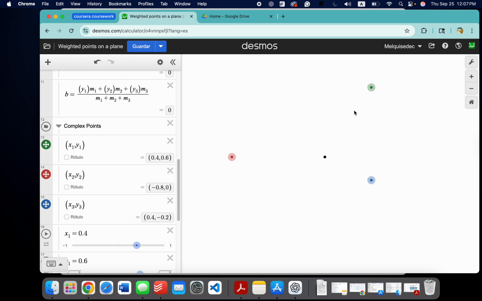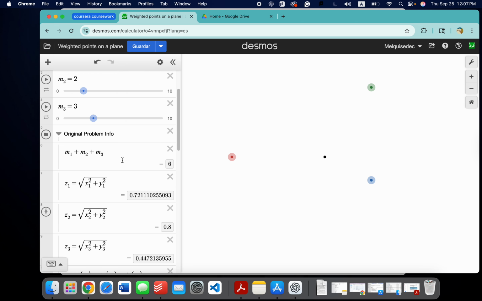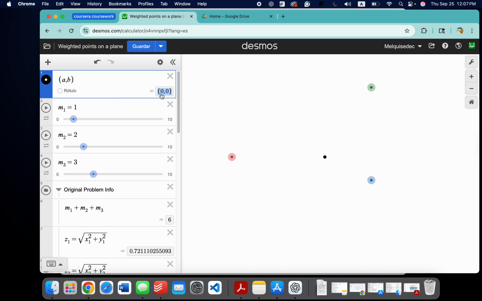And these were all located at different points in space. So essentially these are our complex points just being represented as x, y coordinates. And as you can see, they're in a particular location such that with these weights, the center of mass is located at 0, 0.